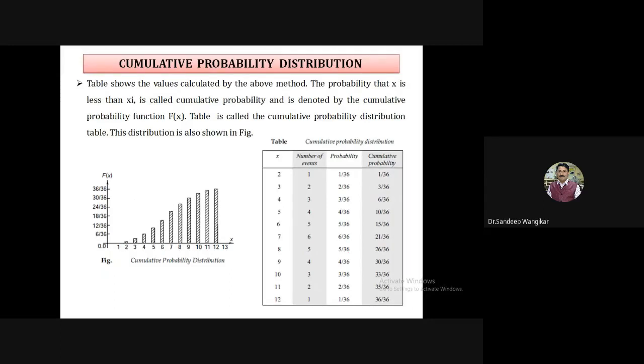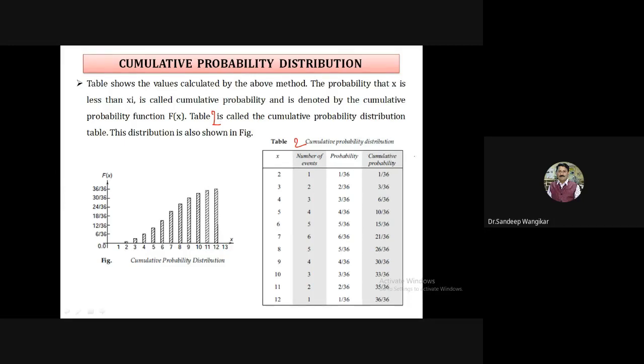So I will give one name to the table, table 1, table 2, whatever table we are discussing. Let us say that this is table number 2 in today's session. So table 2 is the cumulative probability distribution table, and the distribution is shown in the figure.